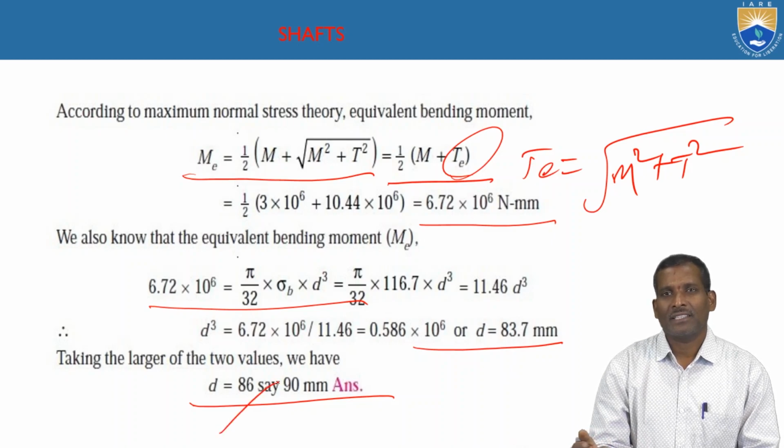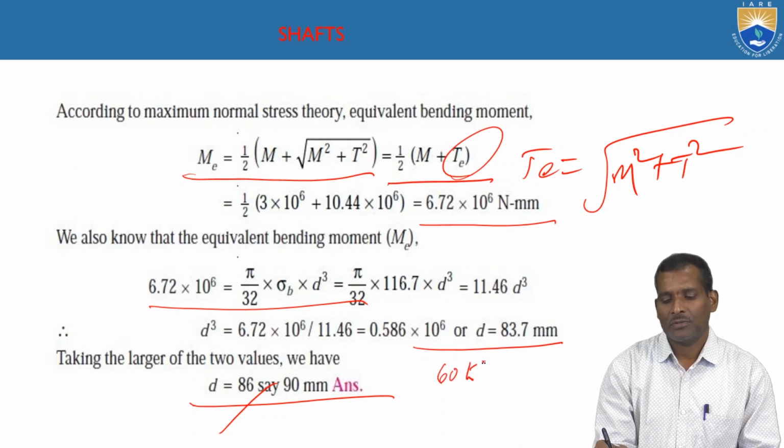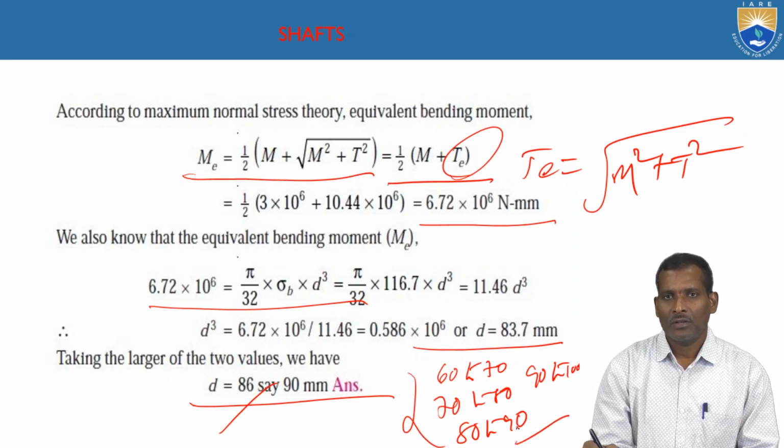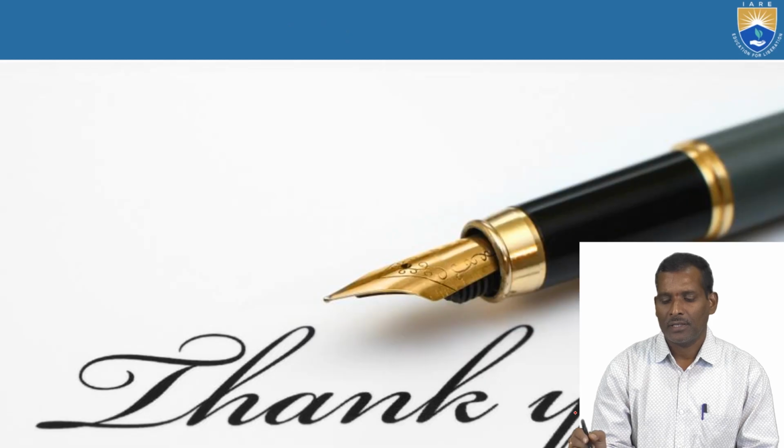So what is the standard size after 80? Standard shaft diameters go 60 to 70, 70 to 80, 80 to 90, 90 to 100. So after 80, you can say 90 mm.